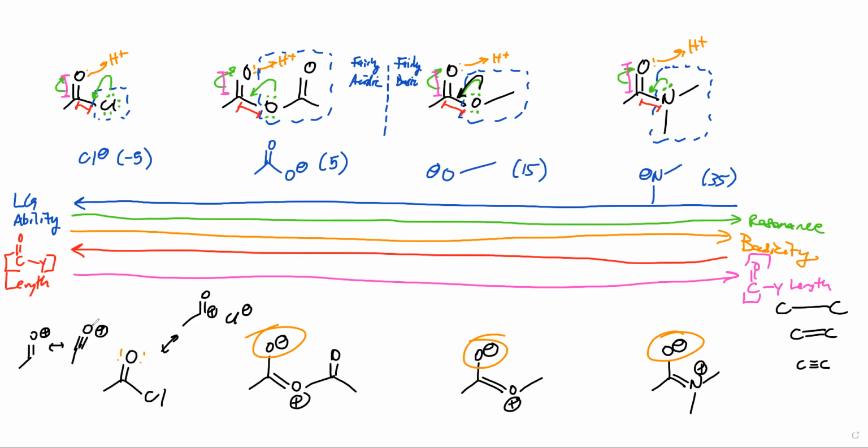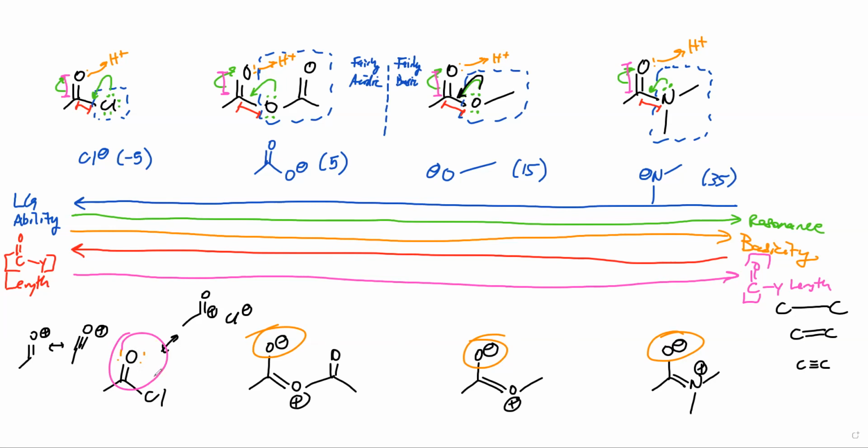And if there is a triple bond in the carbonyl, and a triple bond is the shortest bond possible, it makes sense that this CO bond is the shortest. It is literally the shortest one. This one here is the shortest because it's the only derivative with triple bond character available in its carbonyl.